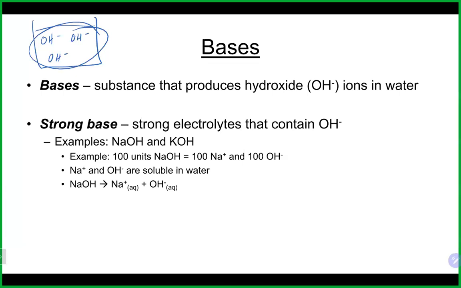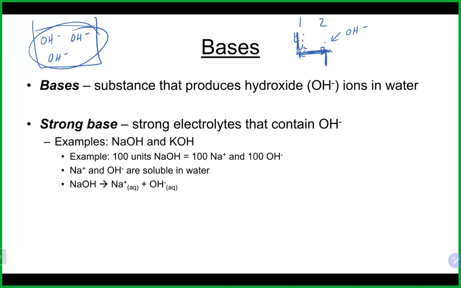And again, they took down the periodic table for some reason. But if you look at group 1 and group 2 on the periodic table, you've got lithium, sodium, potassium, over to barium and calcium and strontium. Any of these guys in group 1 and 2 with hydroxide are typically going to be our strong bases.